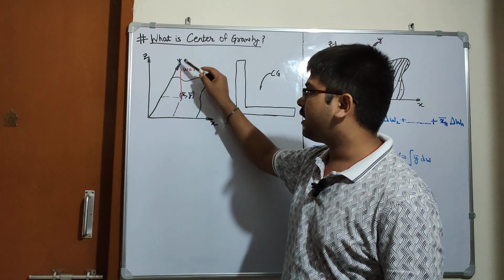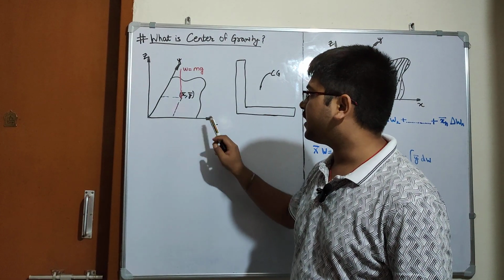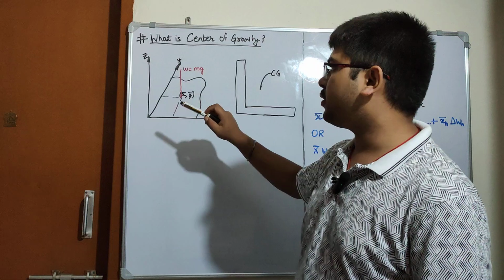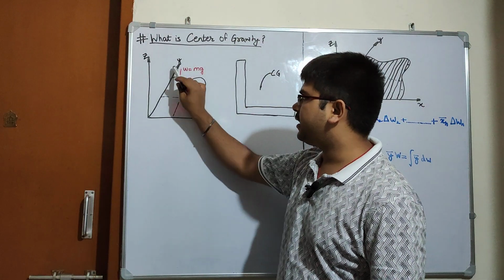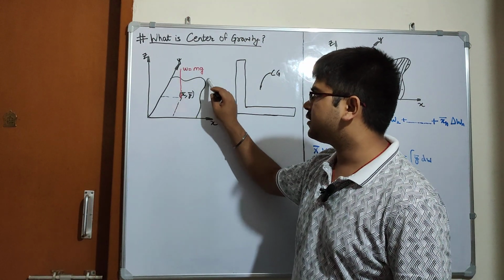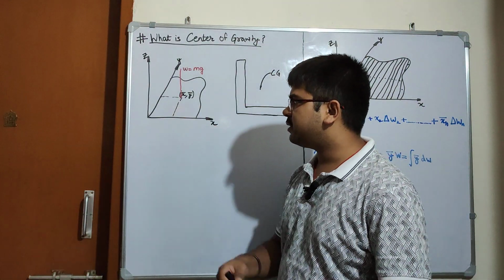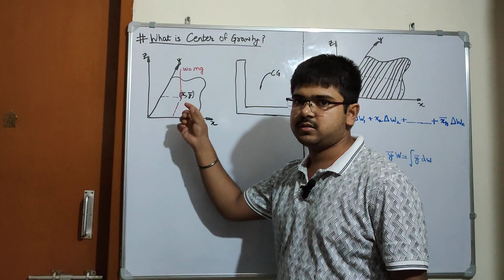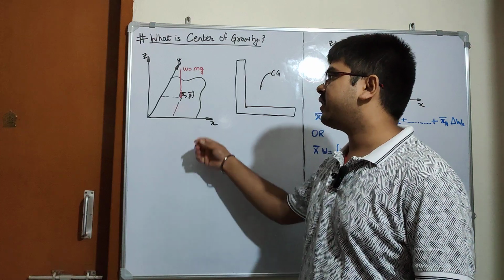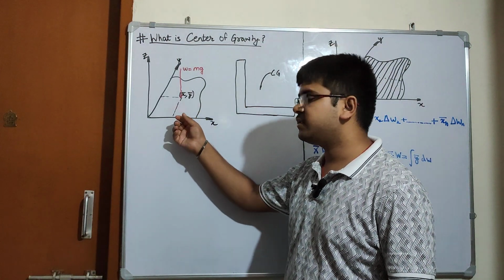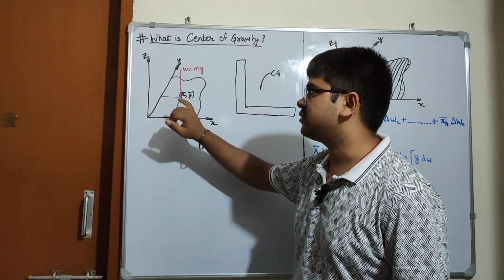Suppose we have this coordinate axis x, y, z, and we have an object in the xy plane. This is the object, and it has negligible thickness in the z direction. For simplicity's sake, we are taking this as negligible dimension in the z direction.